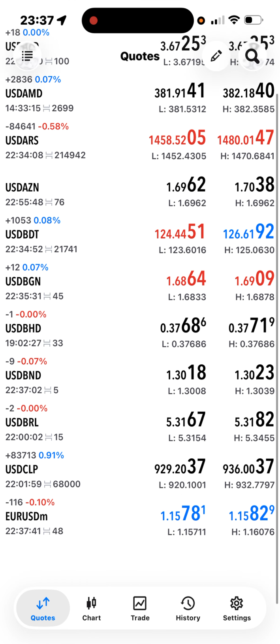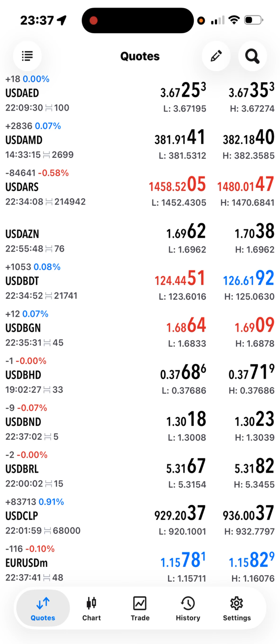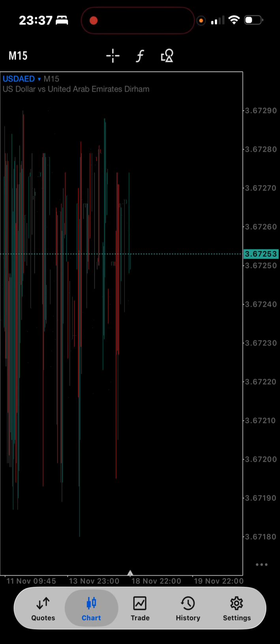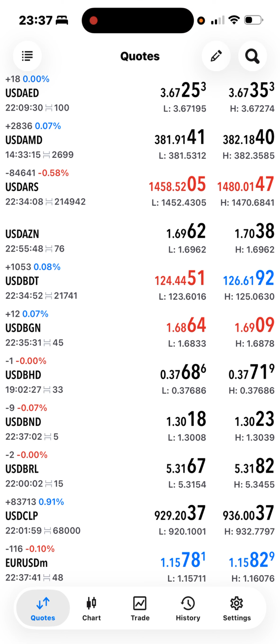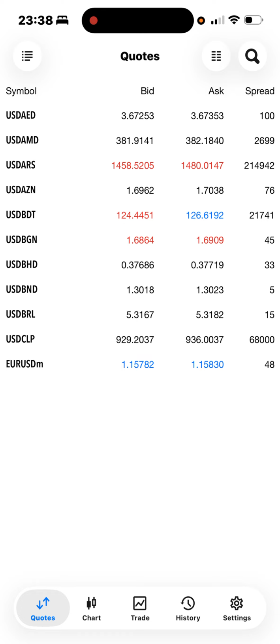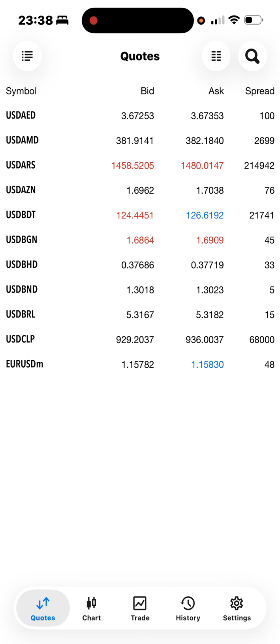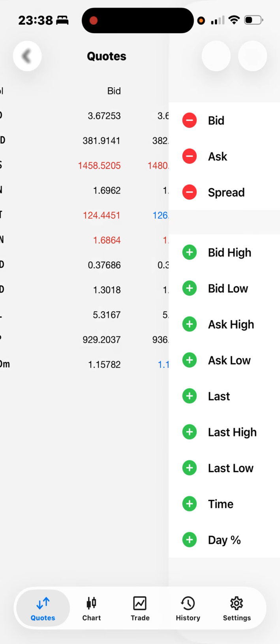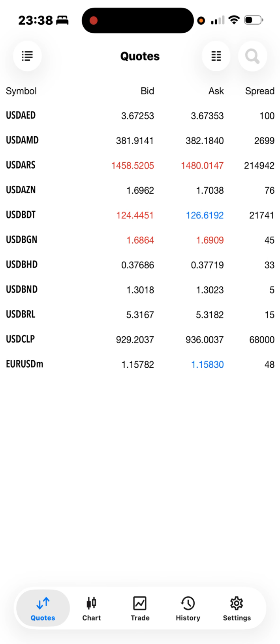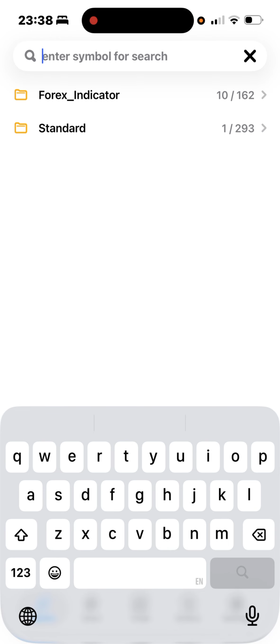Let's say I'm telling you, buy BTC USD. You have to come to quotes on your MetaTrader. You click on the button at the left to make the view more organized like this. Then you search for whatever I tell you.